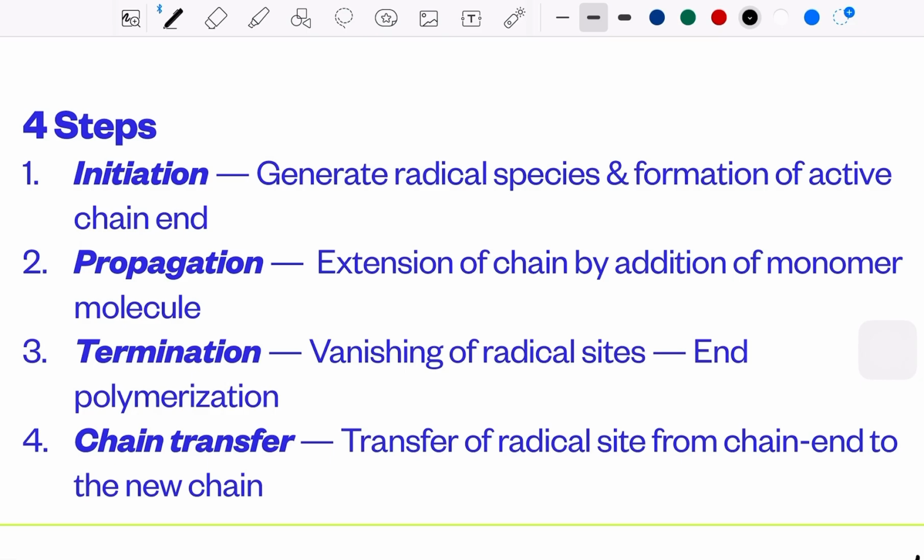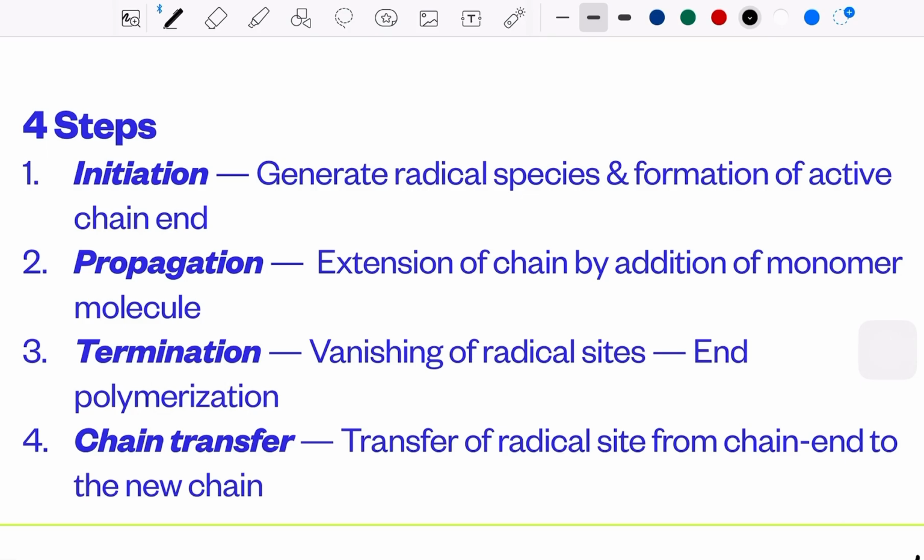So the active chain end is the one that is going to react with another monomer. Okay. And then that active chain will propagate. Okay. Will add the monomers one by one immediately. Okay. Immediately, maybe within a fraction of a second. It's really fast. Okay.